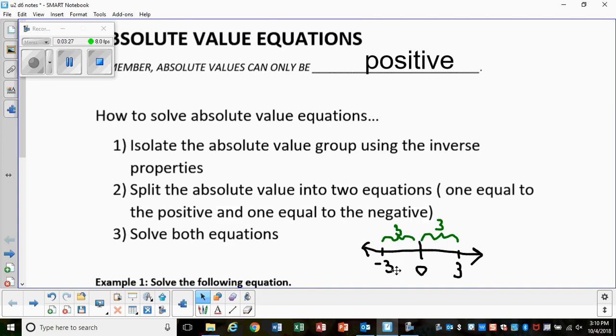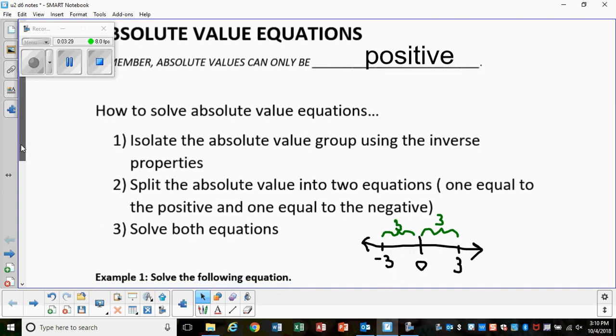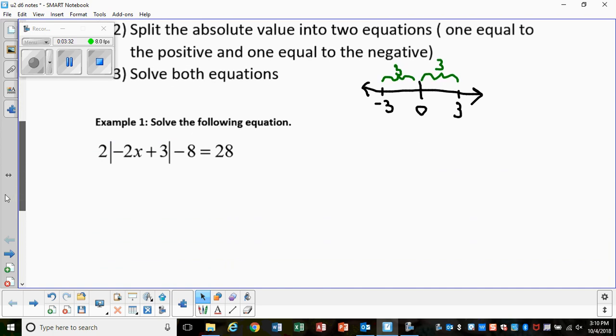Okay? So let's go ahead and do this with an actual equation. Here we have to solve the following equation: 2 times the absolute value minus 8 equals 28. Now, the first thing you might be thinking is, oh, I can distribute in there and simplify this side. No, you cannot do anything to this absolute value. It's not like a normal grouping symbol.